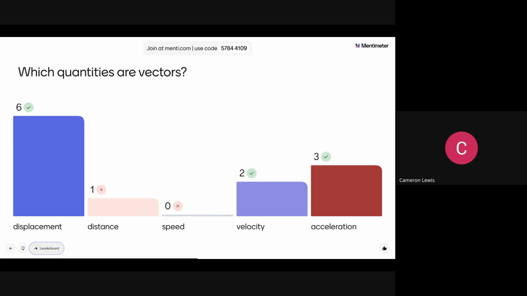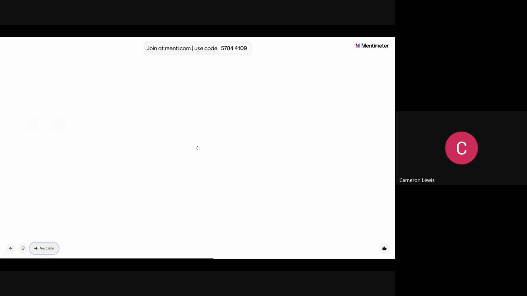So displacement, 50 meters west; velocity, 50 miles per hour or 50 meters per second north; and then acceleration, 50 meters per second squared west. So we got magnitude and we also have a direction. Now remember, these three quantities go together for us to describe motion. So we're going to see these later.